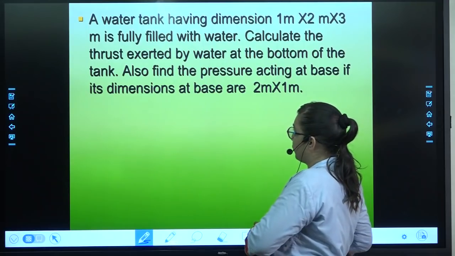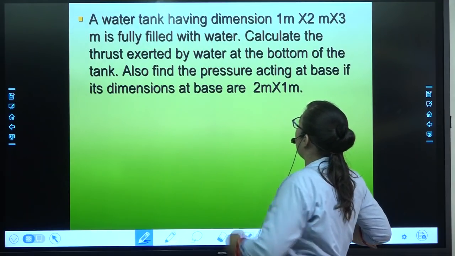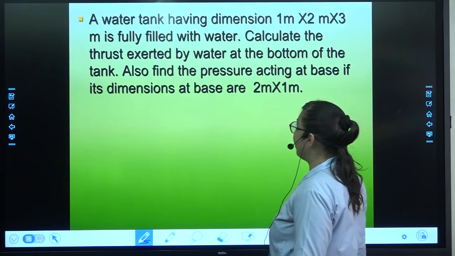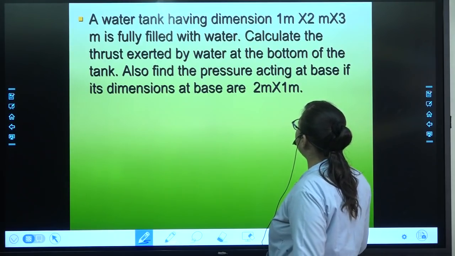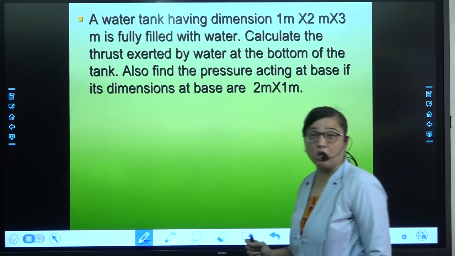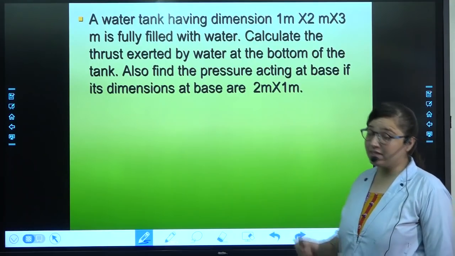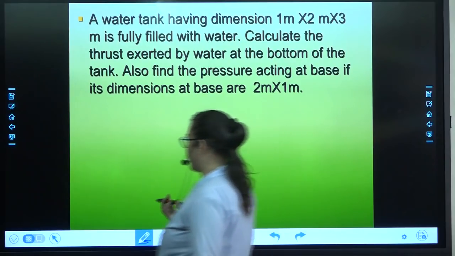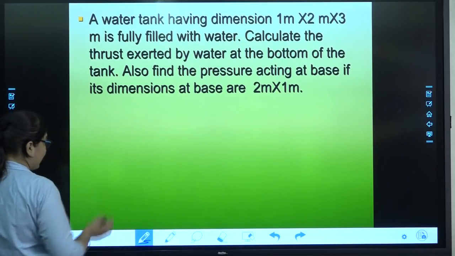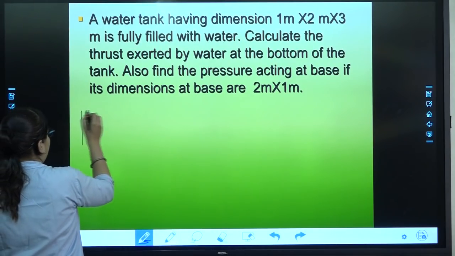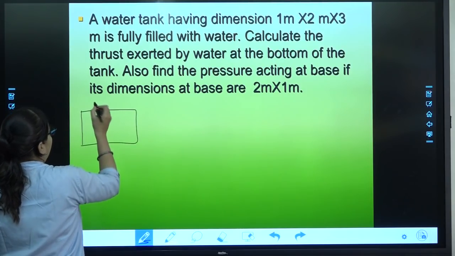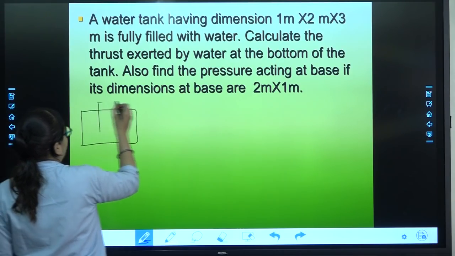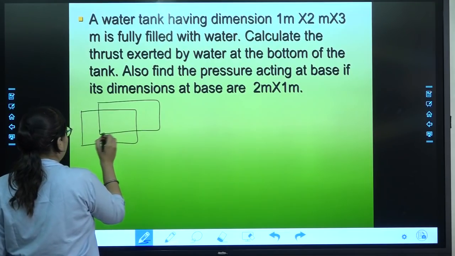Here is the question of it. A water tank which is having the dimensions of 1 meter cross 2 meter cross 3 meter. That means it is a cuboid which is fully filled with water. So the question is like this. You are having a water tank in the form of a cuboid.